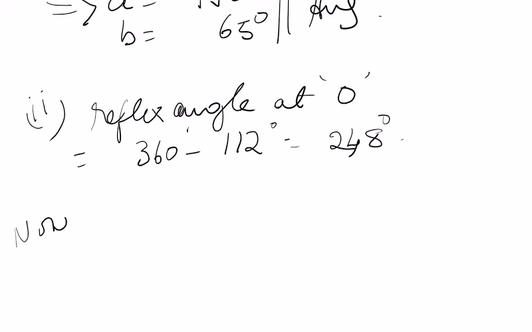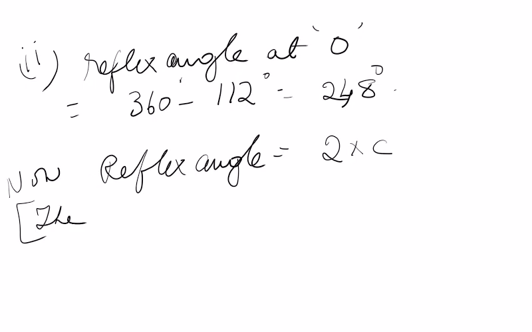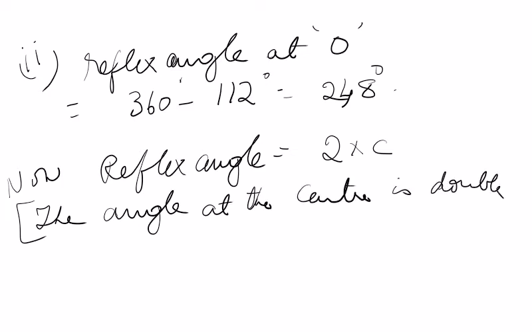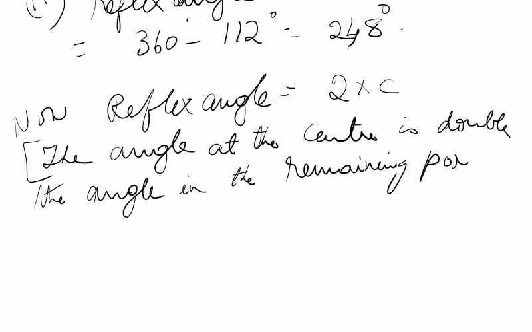Okay? Or if you find this difficult, you can write this way also. Now, the reflex angle is equal to 2 times angle C. The reason is the angle at the center is double the angle in the remaining part of the circle.